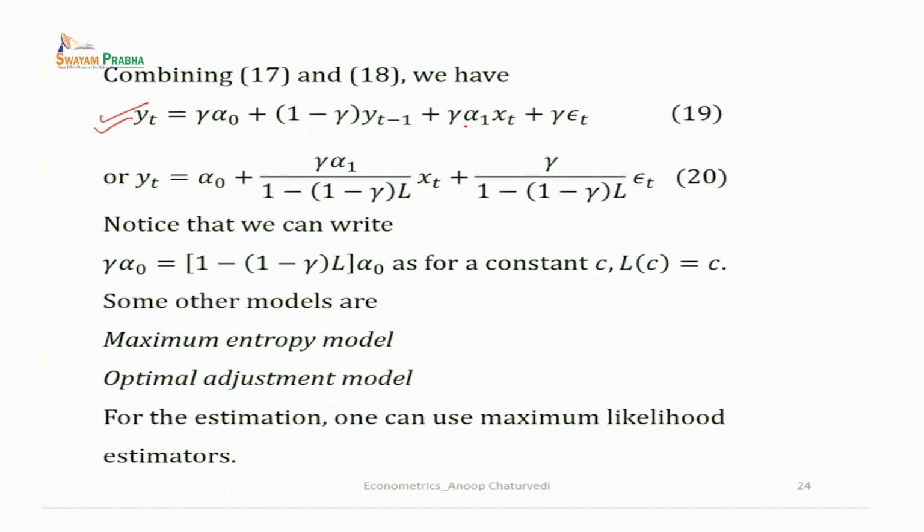Some other distributed lag models which we have not discussed here are the maximum entropy model and optimal adjustment model. Further, for estimating the parameters of distributed lag models, one can use the method of maximum likelihood.